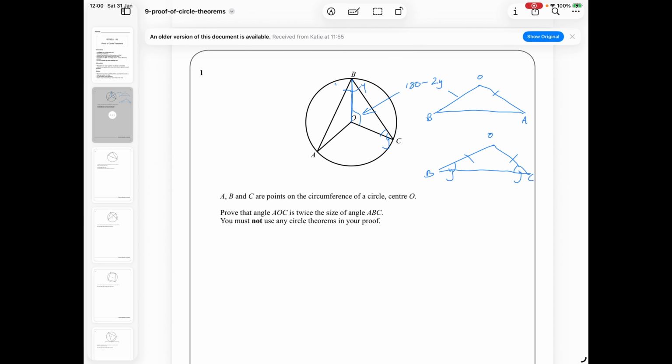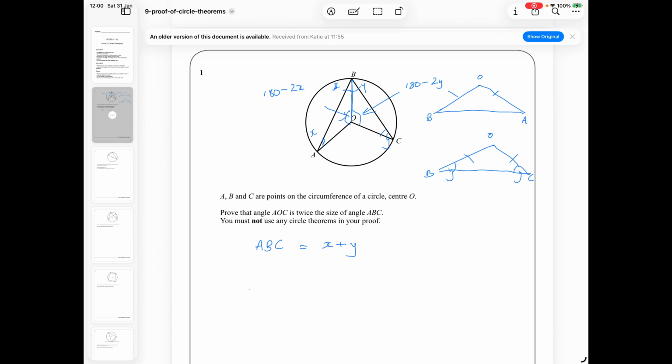If we call this x and we call this x, then what we know about AOB is that this is 180 minus 2x. And now we have the beginnings of the proof. So we know ABC, if we look at that, equals x plus y.